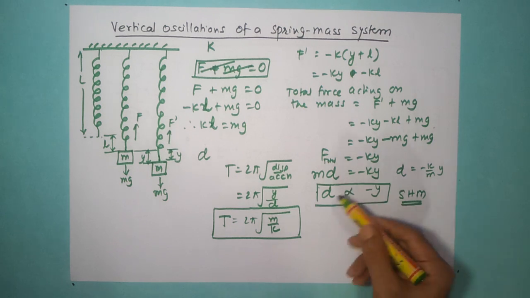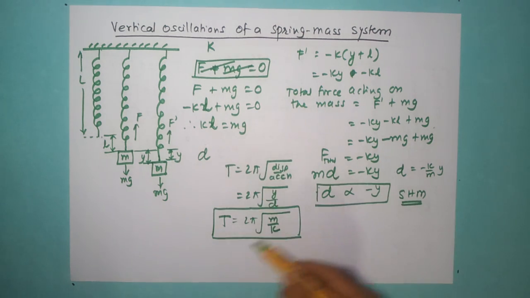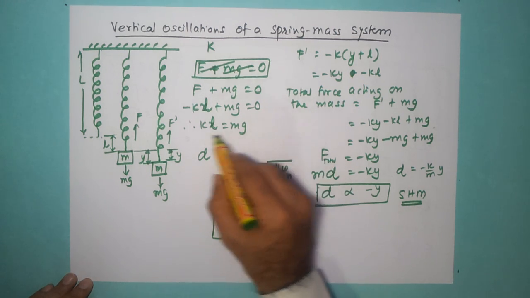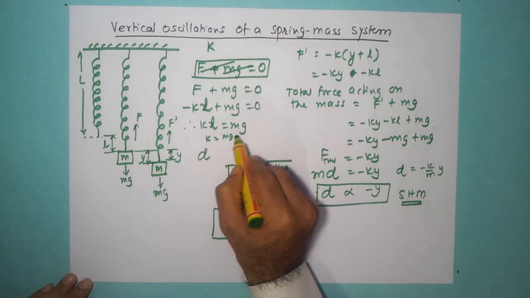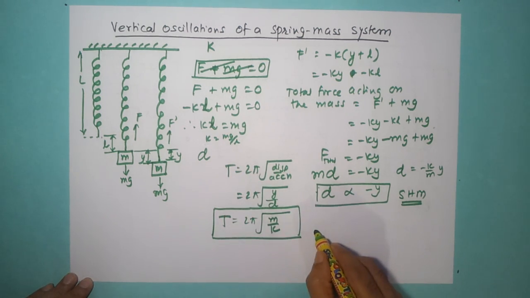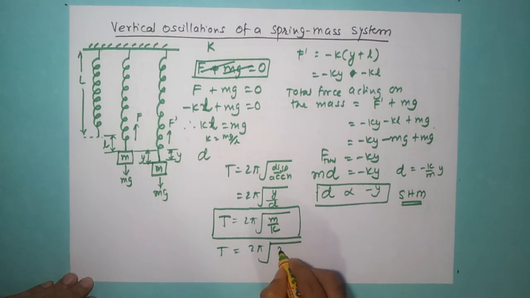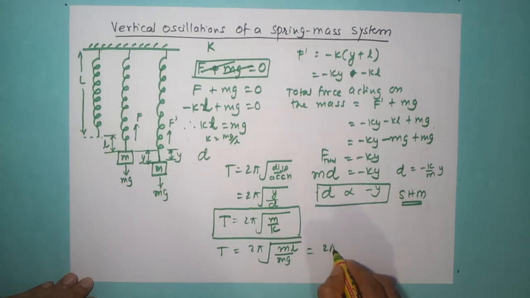We have shown that these are simple harmonic oscillations, and also we have found out that the time period is the same. A final point is that if I take the value of k from here, k is equal to mg by L. So if I rewrite the equation T is equal to 2 pi square root of m by k, with k equal to mg by L, then T is equal to 2 pi square root of L by g.